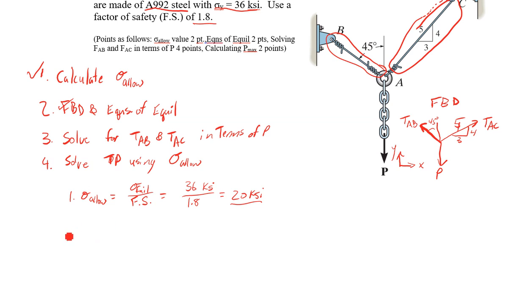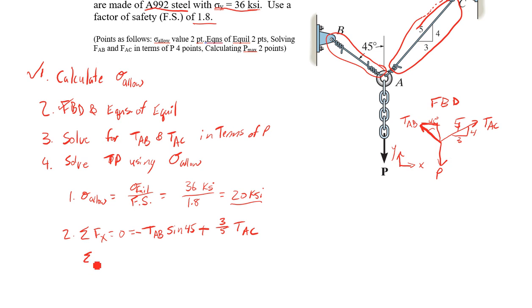Now the equations of equilibrium. Sum of the forces in X first. They have to add up to 0 to be in equilibrium. So we're going to have TAB, and as I've drawn it here with that 45 up there, I'm going to have sine of 45 to get me this component going this direction. And that's going to be negative since X is positive to the right. Then I'm going to have plus 3/5 TAC.